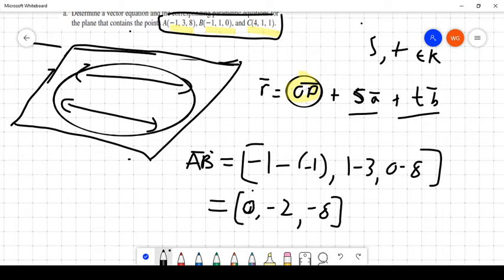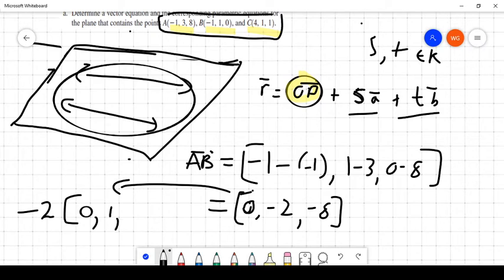Now, here's an interesting thing. That vector there represents a direction vector that we can use on our plane, or if you like, any scalar multiple of that vector. So here's an interesting fact. I could take vector AB, factor out a -2, and come up with 0, 1, 4 as an equivalent vector that has just been scaled down by a factor of -2.